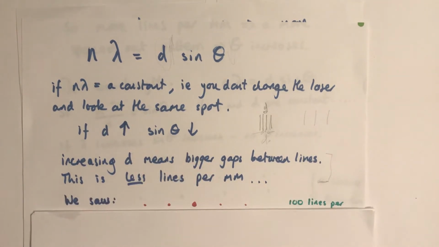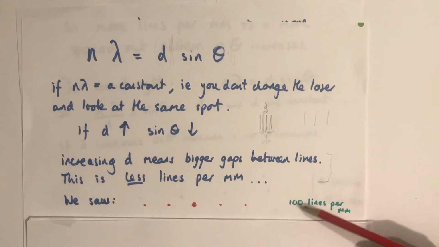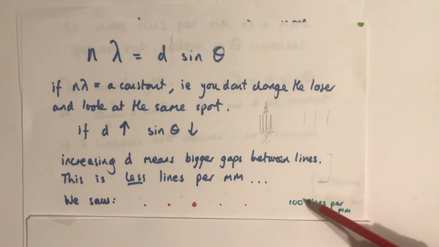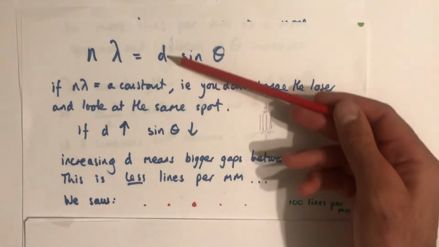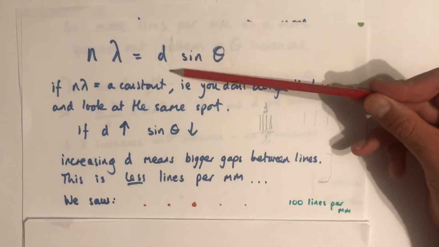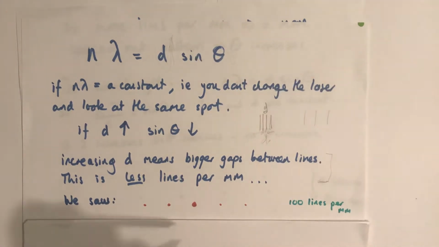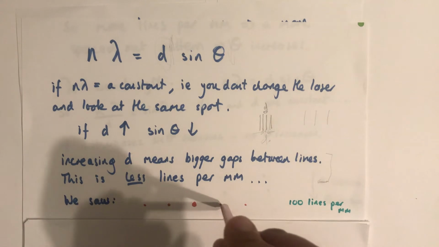How you saw this was, I gave you a fairly cheap diffraction grating at 100 lines per millimetre, and it doesn't separate the dots out much, because d is relatively big, so sine theta is small, the angles are small, and the laser has only gone through a small angle to get to, say, the first maximum.